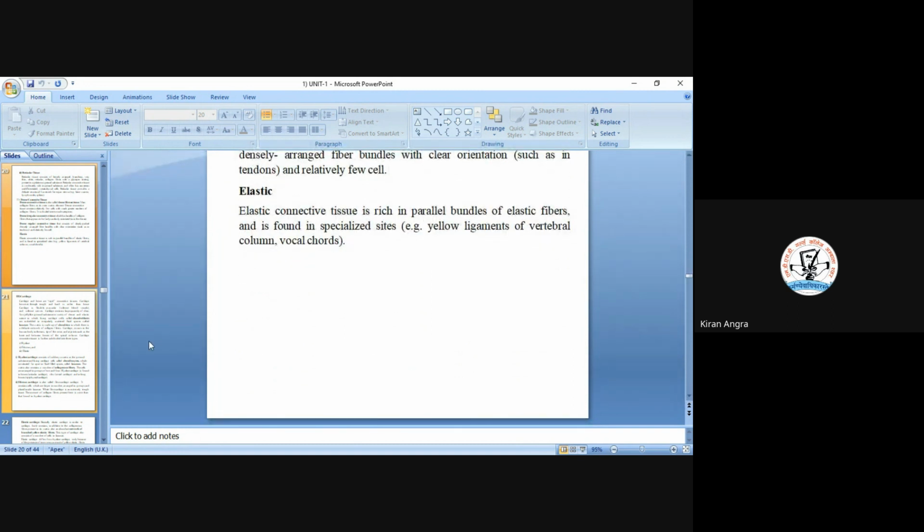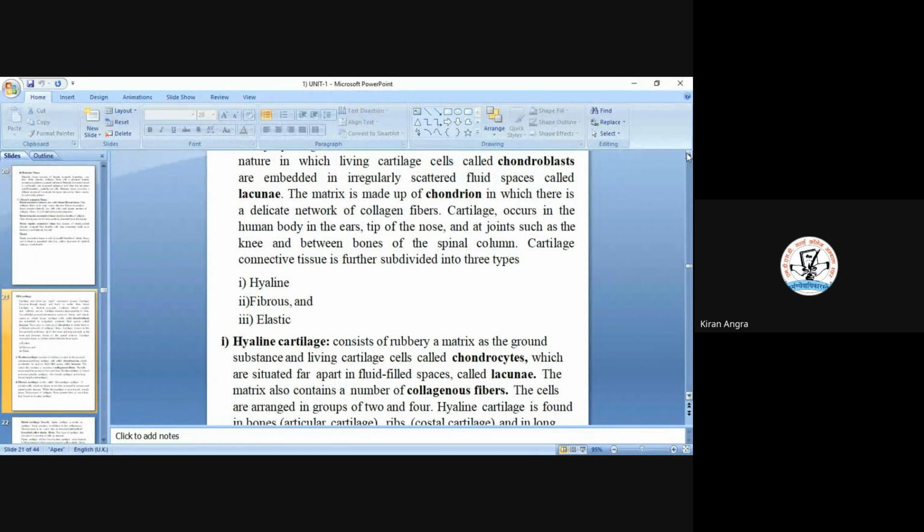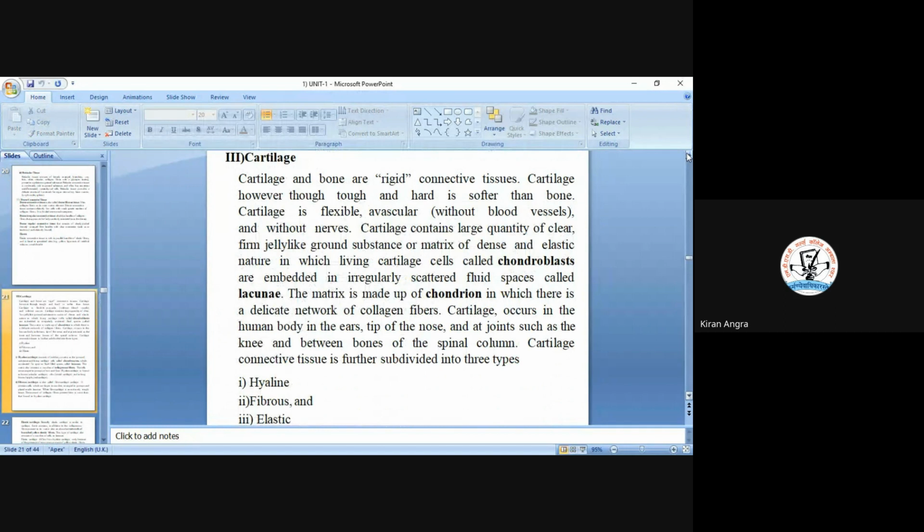The cartilage and the bone are the rigid connective tissues. Cartilage, however, though tough and hard, is softer than bone. Cartilage is flexible and there is no blood vessel in it, meaning avascular, and without nerves also.